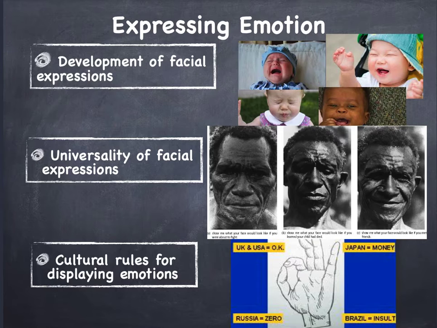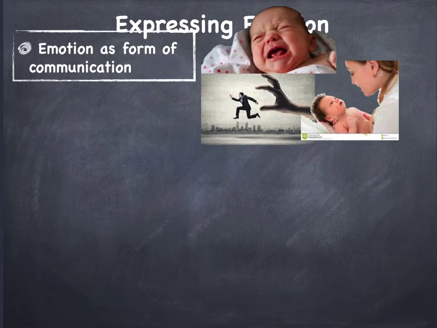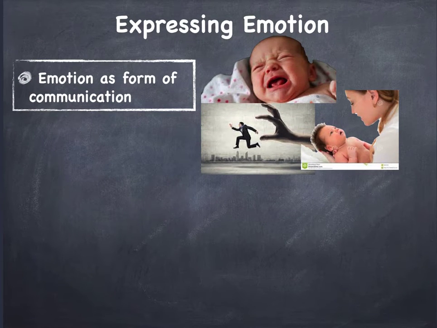So when we go on to look at emotion being expressed as communication, emotional expressions serve adaptive functions. For instance, the infant's expression of distress motivates her caregiver to find out what's troubling the baby. And so as a form of communication, it gets us to be responsive.